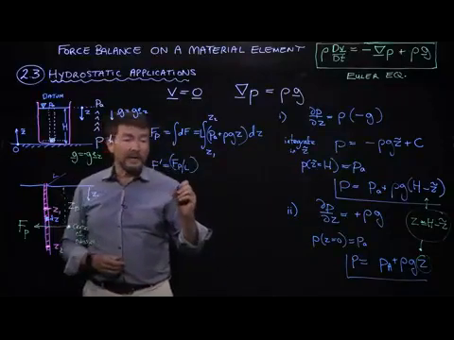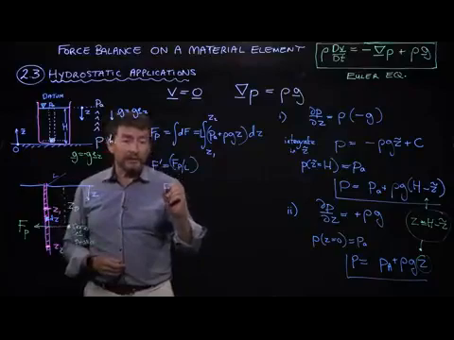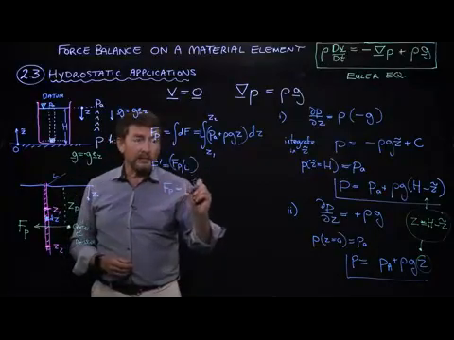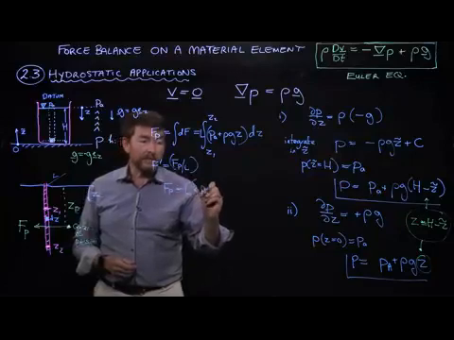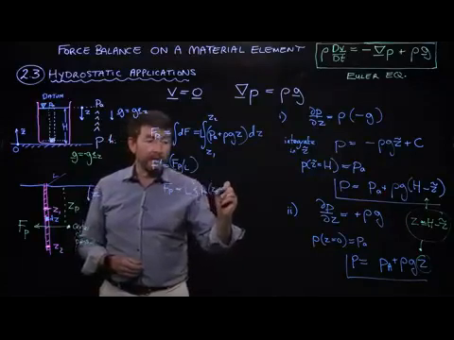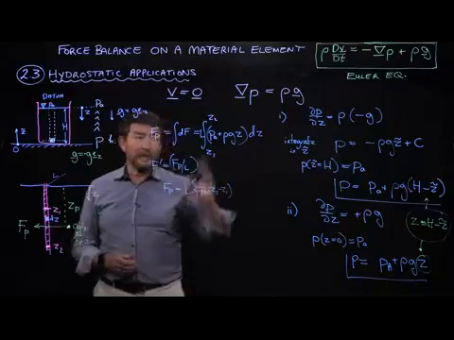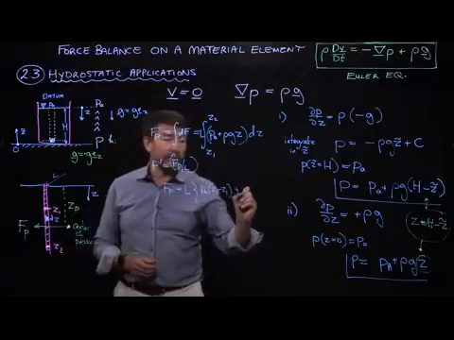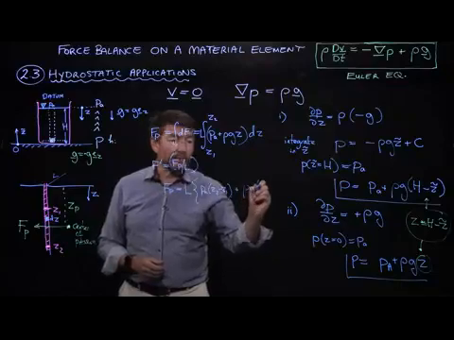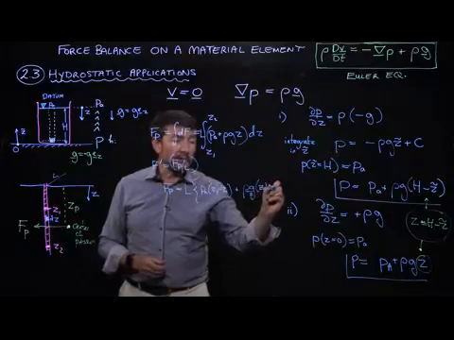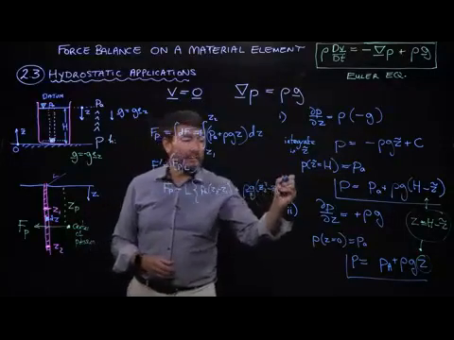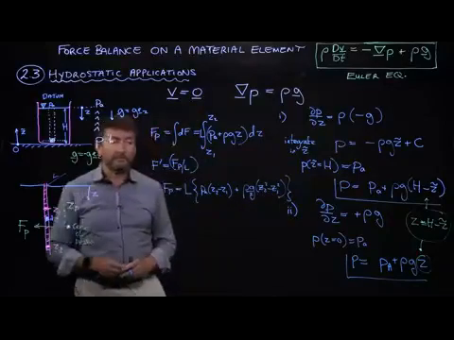And so at the end of the day, we'll find that our expression for the force looks like L times PA times (z2 minus z1) from the first term. And then I have to integrate z, so I get a half, rho g over 2 times (z2 squared minus z1 squared) as an expression for our force.